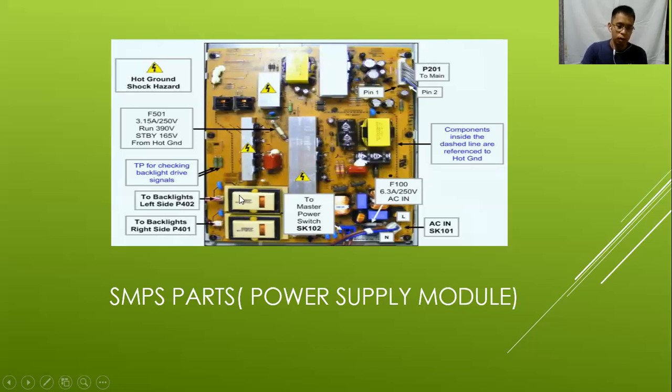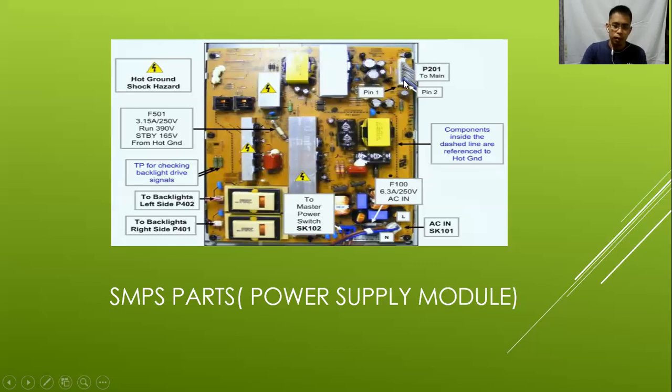So we call these inverters or backlight drivers. Then this one is the regulators. Okay, these are called regulators attached to a heatsink, and this one is the primary regulator going to the SMPS transformer or chopper, then another regulator.